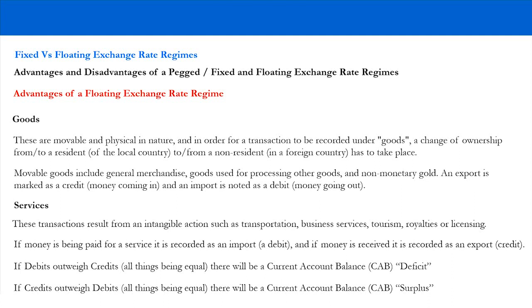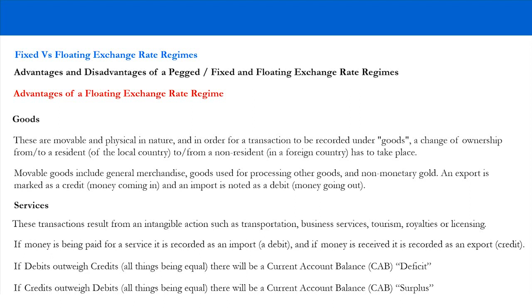If money is being paid for a service, so if it's being imported from outside, it's recorded as an import, so a debit, in the same way as a good that's being imported is noted as a debit. And if money is received, it is recorded as an export in exactly the same way as goods are.